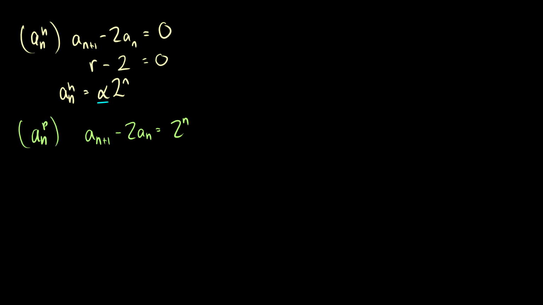Okay, so our form here is some constant to the n, which means that our guess is going to be a times 2 to the n. So we're just going to substitute a 2 to the n into each of our positions here.